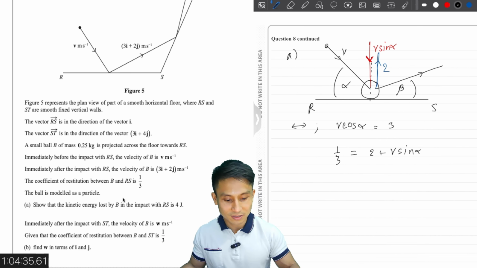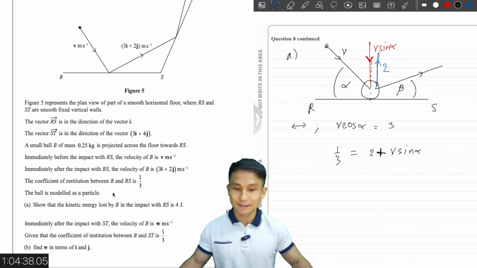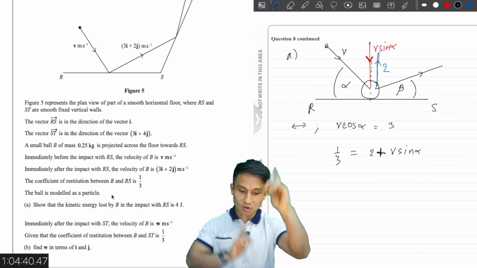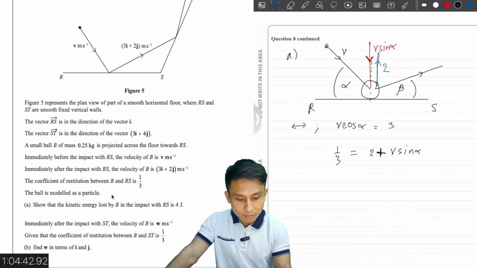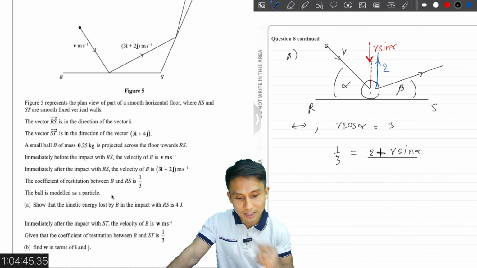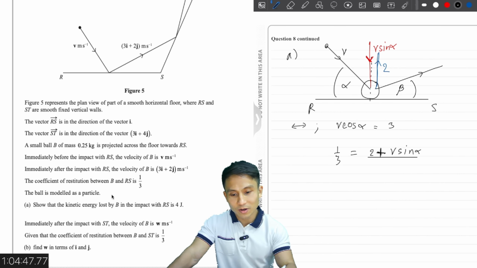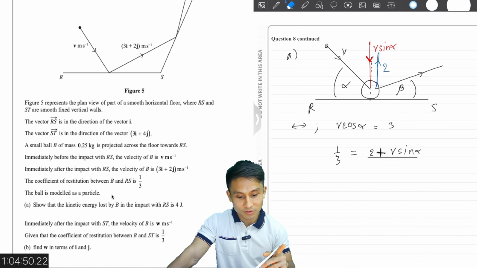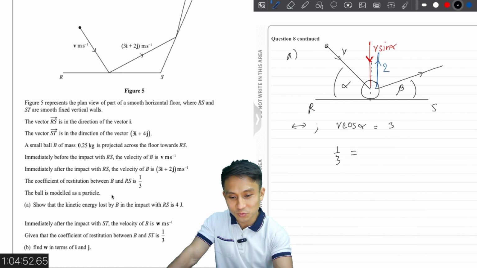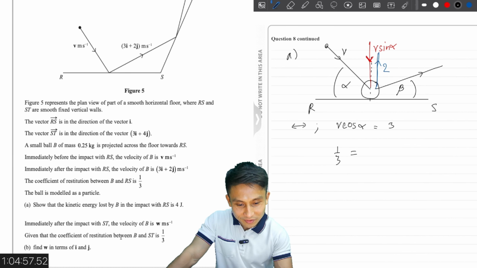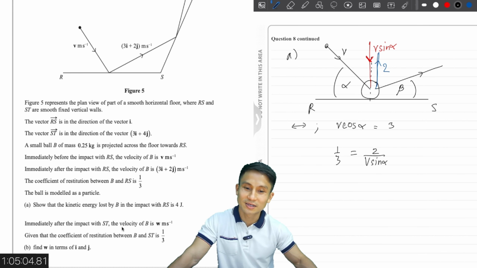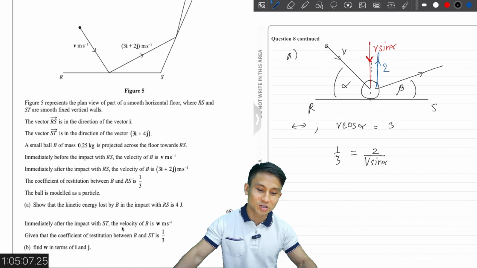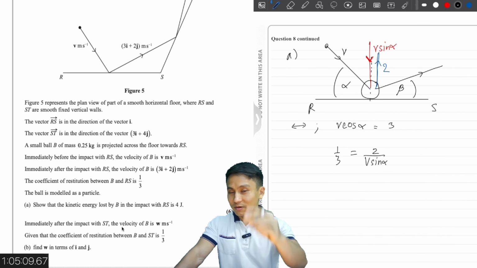Wait, it should be plus because they go in opposite directions. But this is with the wall, and the wall doesn't move, so it's just 2 divided by V sin alpha.